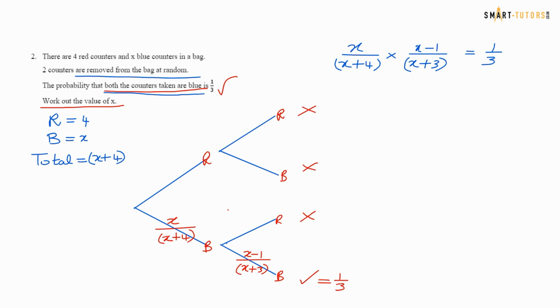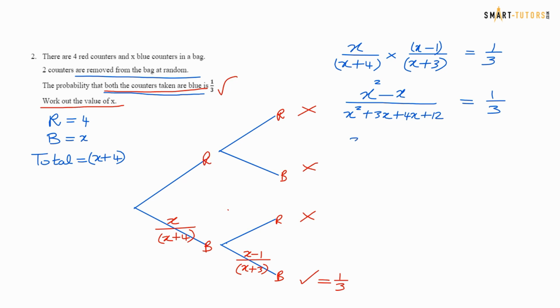Right, slowly expand the bracket. So the top one, x minus 1, also I put the bracket, expand. So x multiplied by the top: x times x is x squared, minus x, over x times x is x squared plus 3x plus 4x plus 12, equals 1 upon 3. Cross multiply: 3 is going to multiply the top, and x squared plus 7x plus 12 is going to multiply the 1.